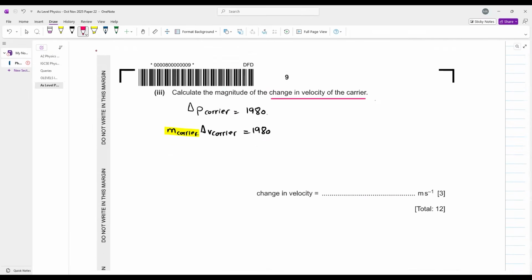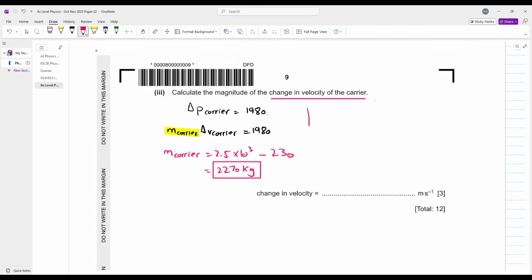So mass of the carrier is equal to 2.510 raised to the power of 3 minus 230. Let's calculate this. This comes out to be 2270 kg. Simple. This is the mass of the carrier.